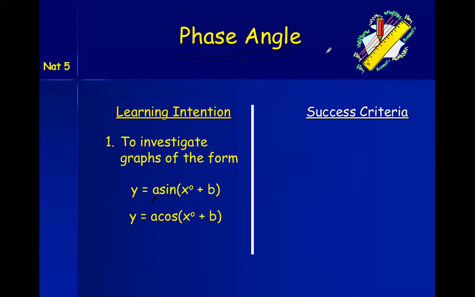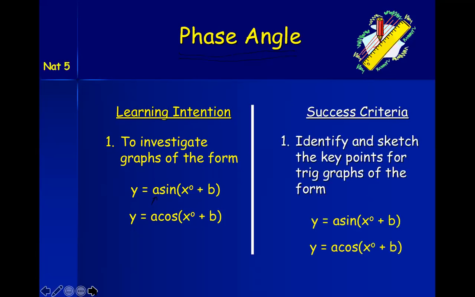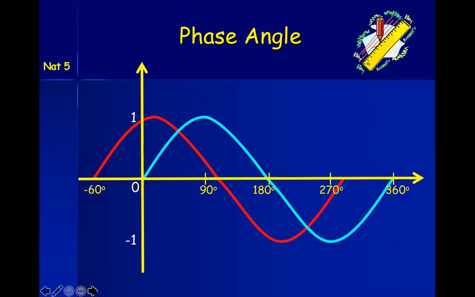Okay. So let's see what our signal will look like if we change the phase. So as you can see here, I've got sine x, and I've got another signal that has been shifted to the left. It's the same sine, but shifted by 60 degrees to the left.